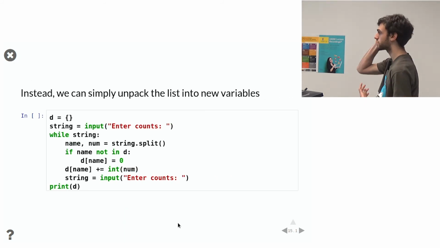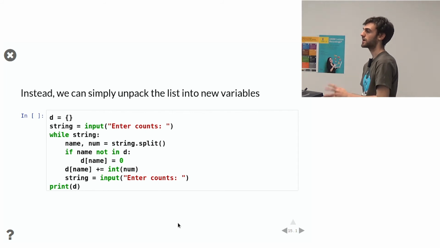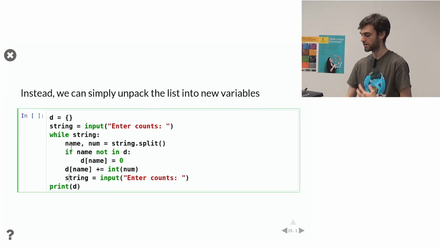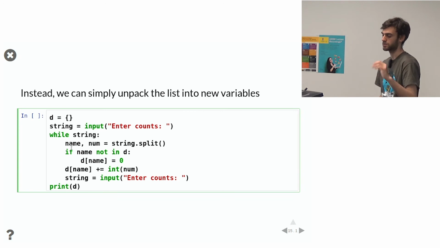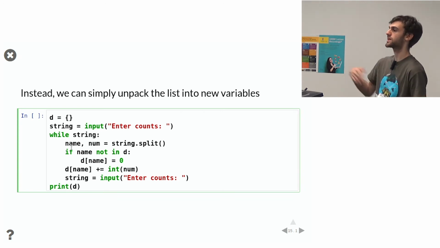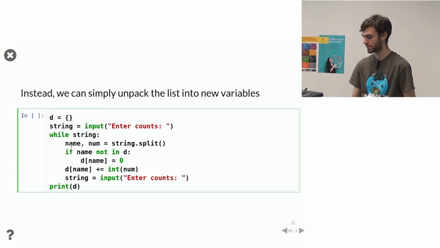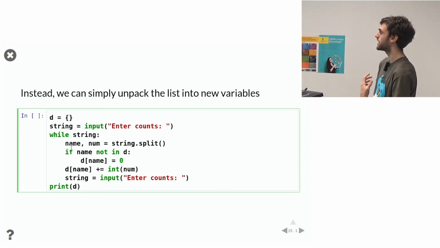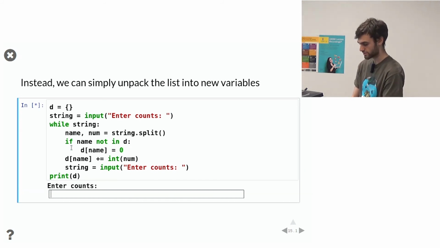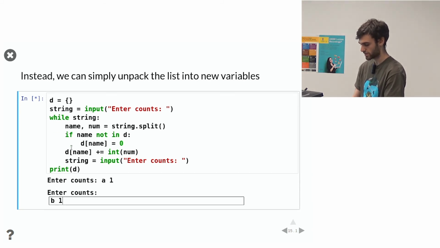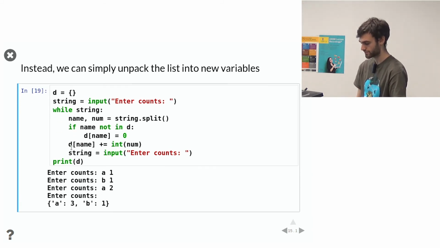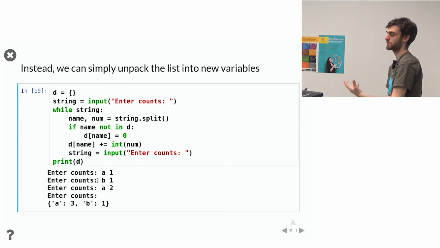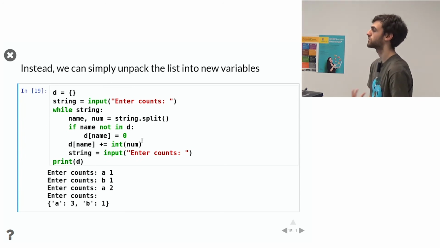What you can do is unpack the list into variables as you go. So you can say, okay, name takes the first item, and number takes the second item, right? And now, when you have the list, you can say something like a1, b1, a2. It'll print you a dictionary like before, and it's much more readable in terms of what this does.